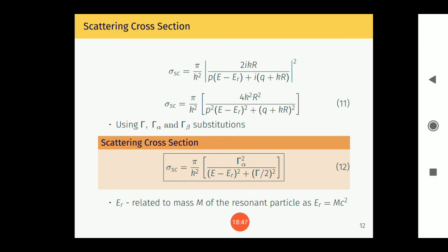Now ER is related to the mass m of the resonant particle through the relation ER equals mc square. So this is actually a resonance case, and a resonance state will be created, called the resonant particle, whose mass can be measured by this expression, Einstein's energy equation.